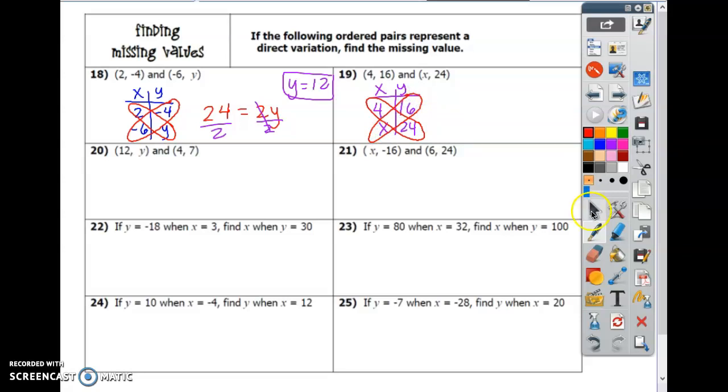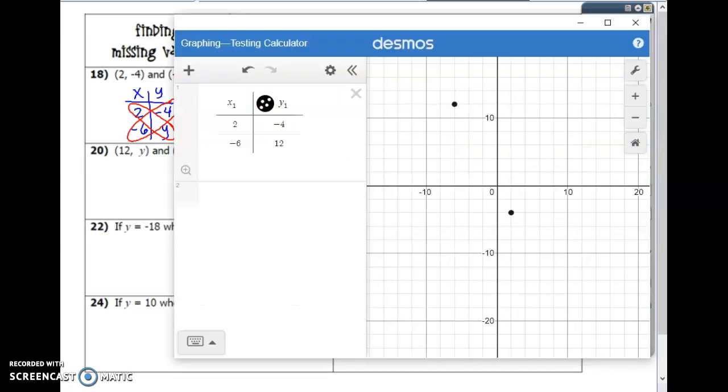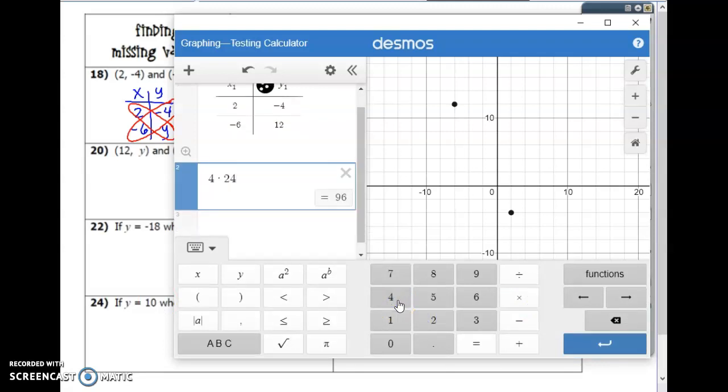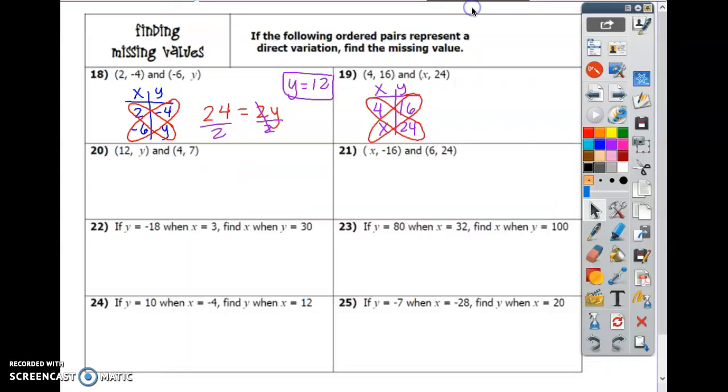So 4 times 24, that's 96, equals 16 times x is 16x. So I'm going to divide both sides by 16.